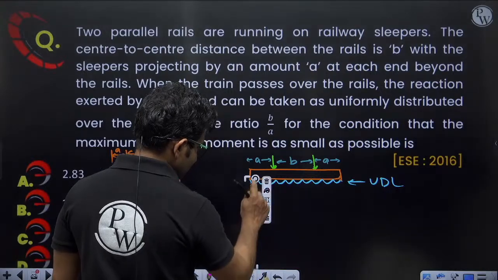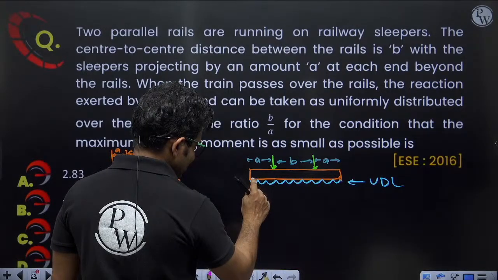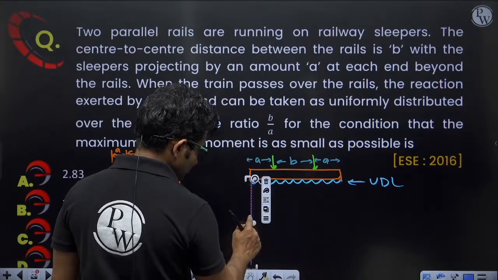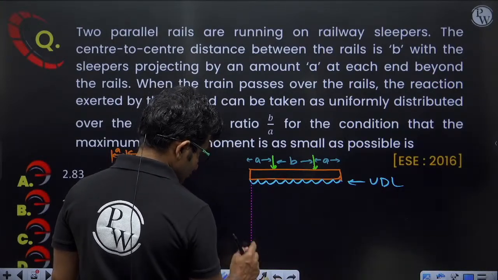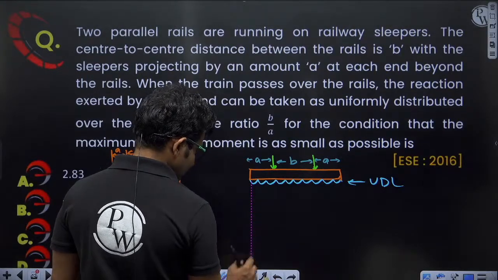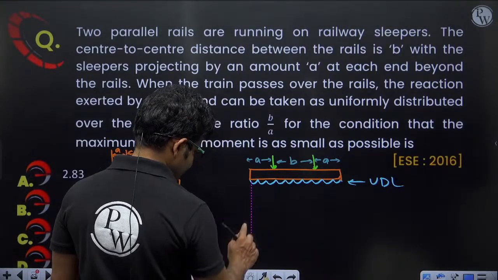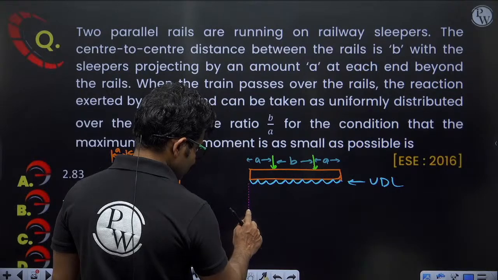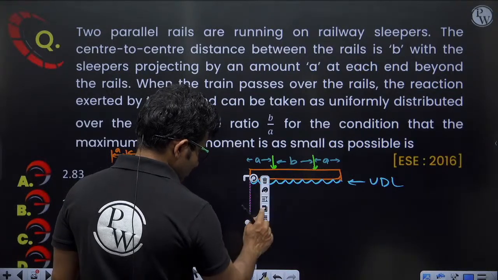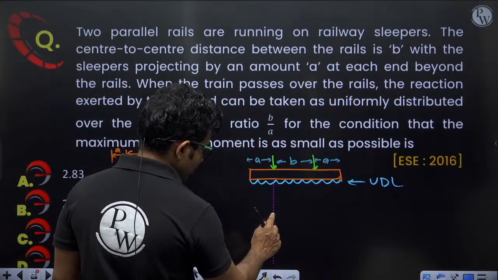Okay, I have to draw the bending moment diagram. So let me draw the reference lines first.